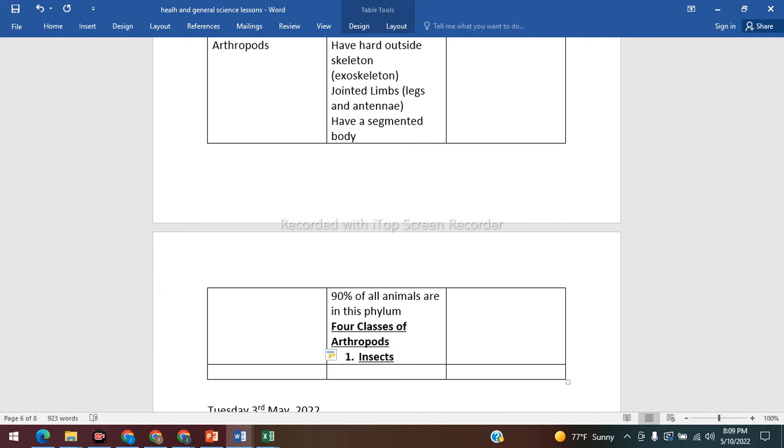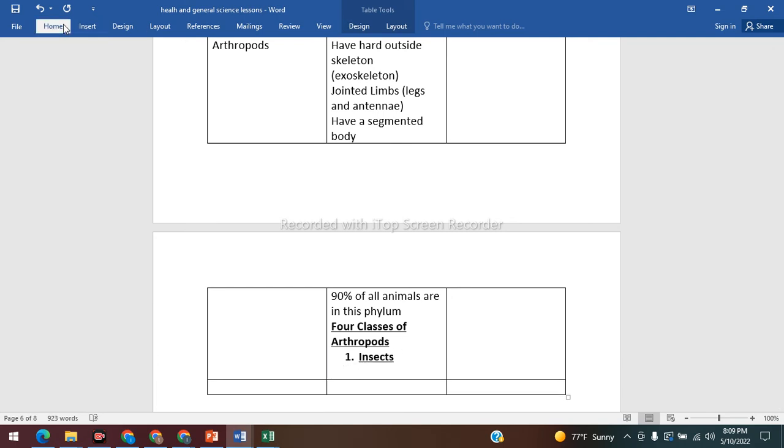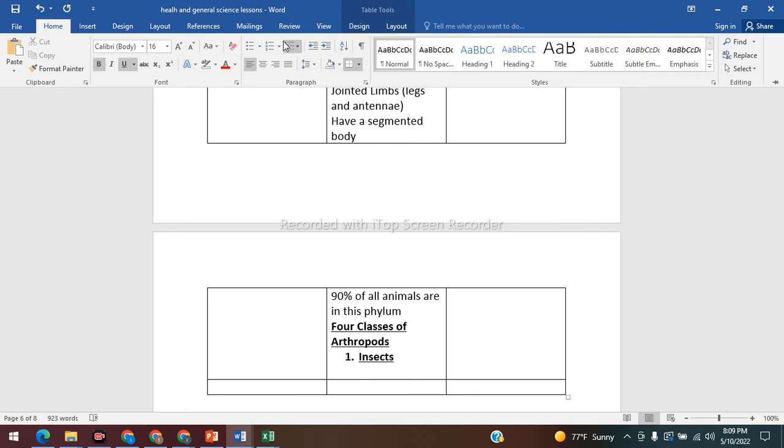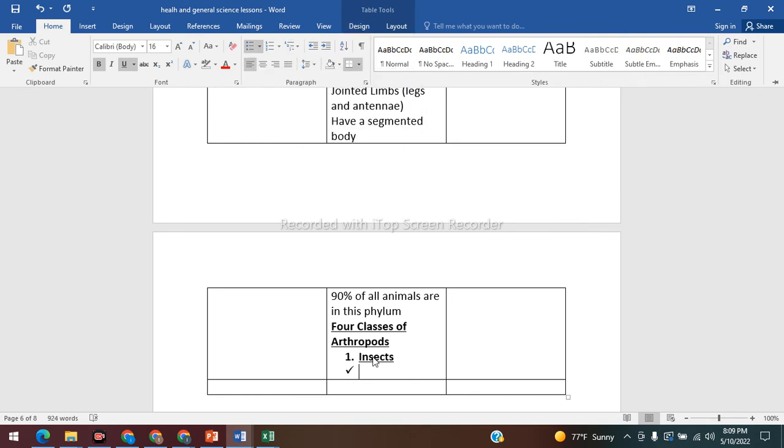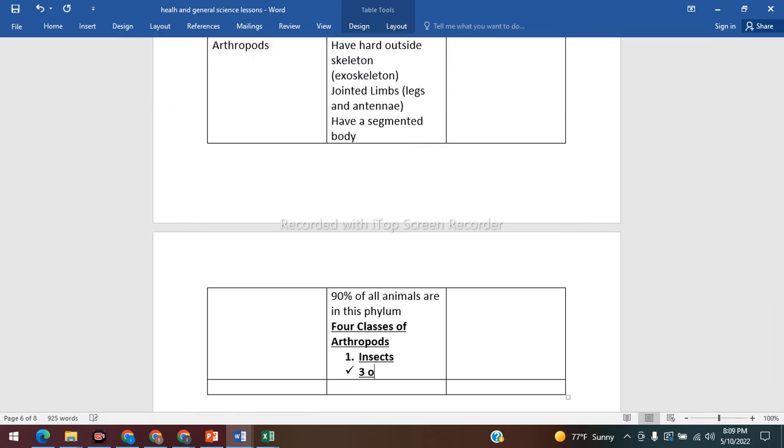Get them out of the way. Everyone familiar with insects, right? So with our insects, we know that they have 3 pairs of legs.